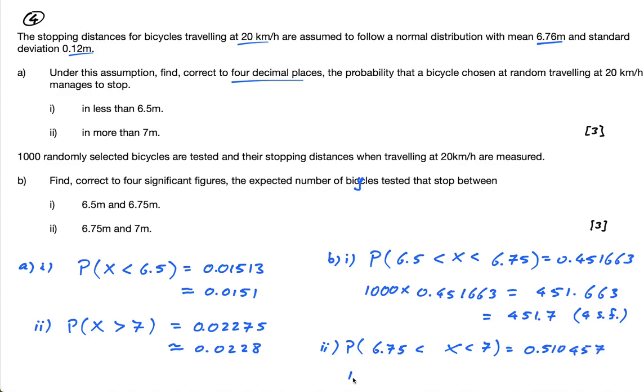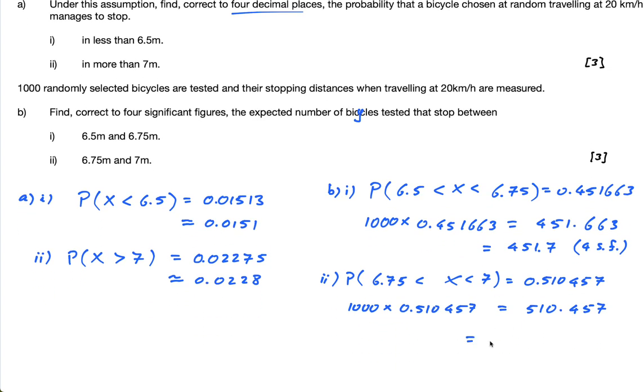Same thing, 1,000 times 0.510457 is equal to 510.457, which is 510.5. I have to round this up because of these two, and this is to 4 significant figures.